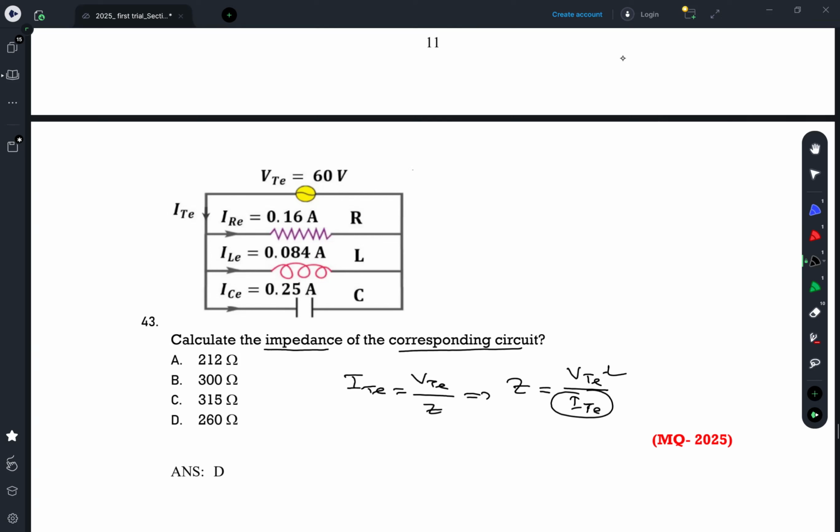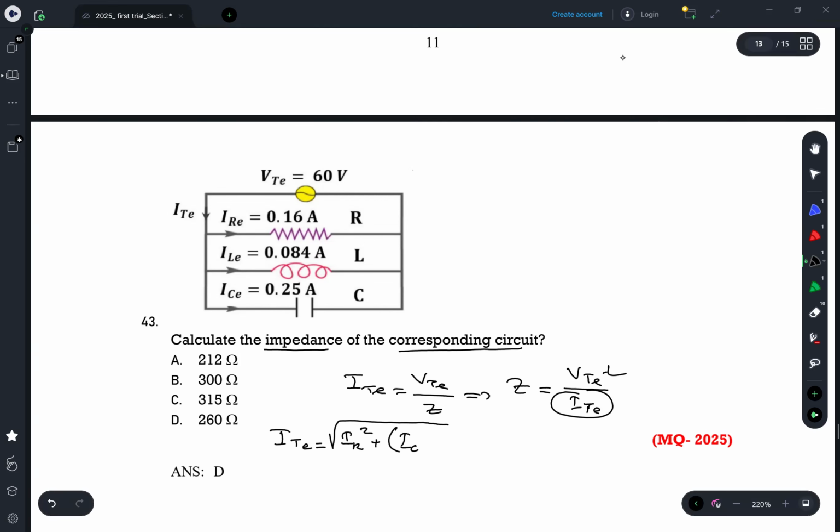So first I have to calculate the total electric current, which in parallel is the square root of the electric current of the resistor squared plus the electric current of the capacitor minus the electric current of the inductor, squared. Okay, let's calculate it.